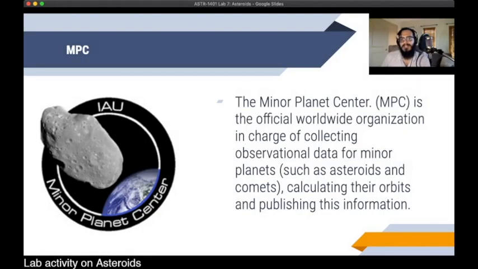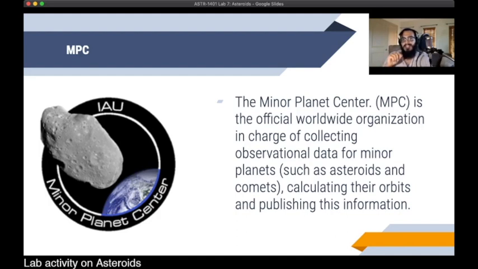Now, here is something that's really cool. It's called the MPC. The MPC is the Minor Planet Center. The Minor Planet Center is the official worldwide organization in charge of collecting observational data for minor planets, such as asteroids and comets, calculating their orbits and publishing this information.